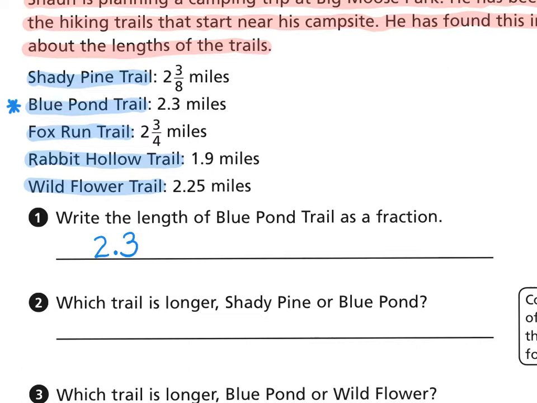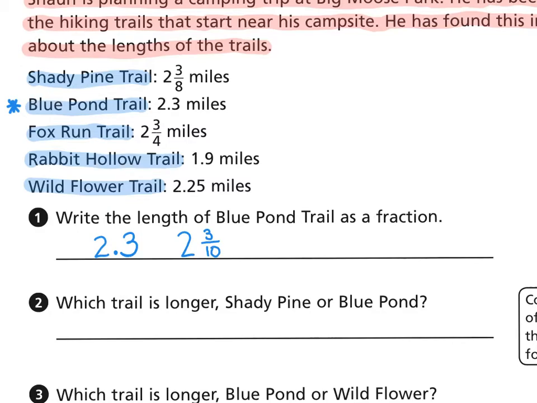Make sure you're following along, please. It says, write the length of Blue Pond Trail as a fraction. So what would you write if that's a fraction? 2 wholes and 3/10. Yeah, so 2 wholes, 3/10. So 3 is your numerator and 10 is your denominator.